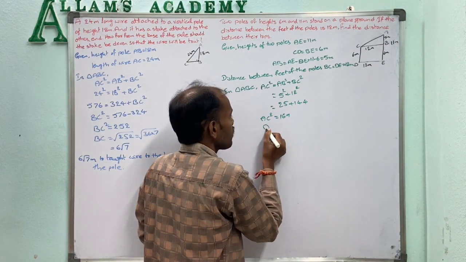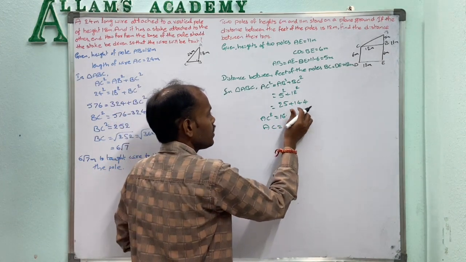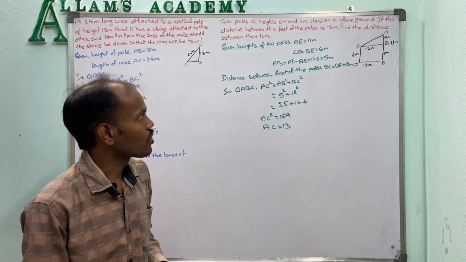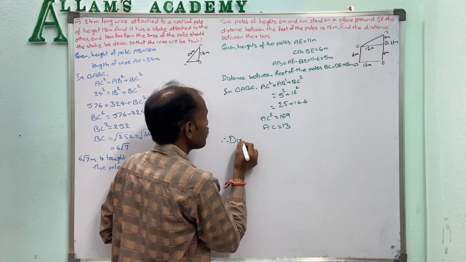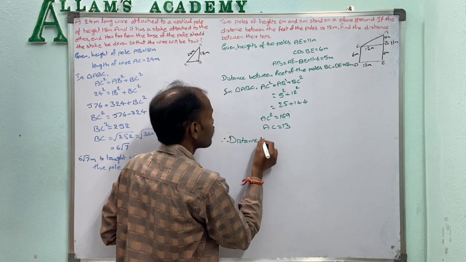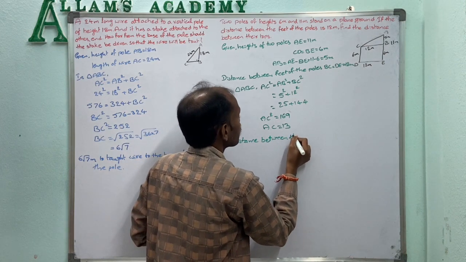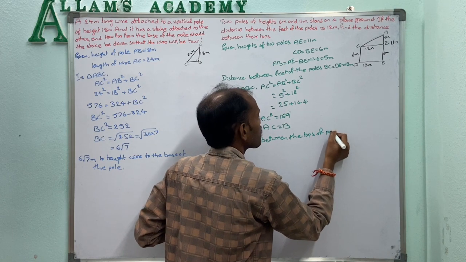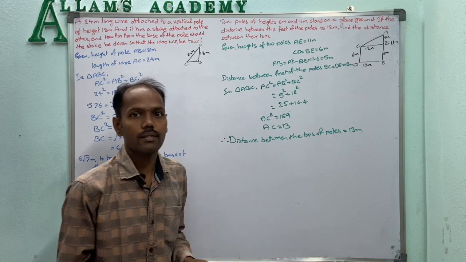So AC square equals 169. So AC equals square root of 169, which is 13. So the distance between the tops of the poles equals 13 meters.